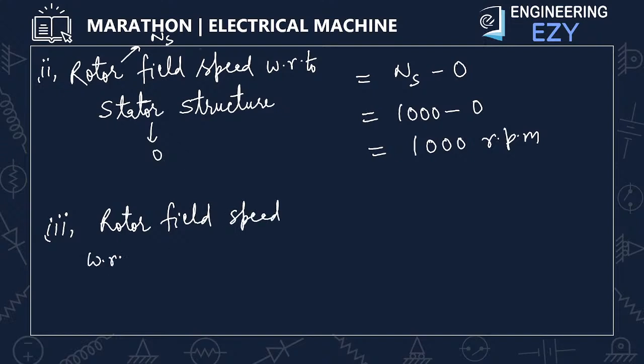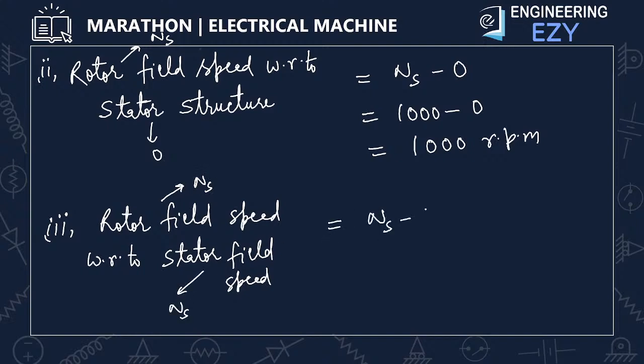Field means magnetic field. So the rotor magnetic field speed is Ns and the stator magnetic field speed is Ns. So what is the relative speed? Ns minus Ns, that means 1000 minus 1000, which is 0.